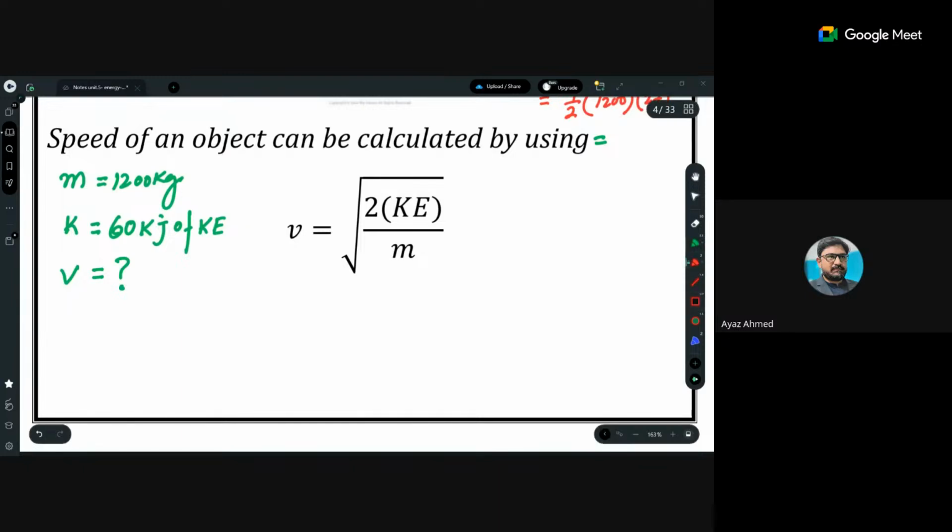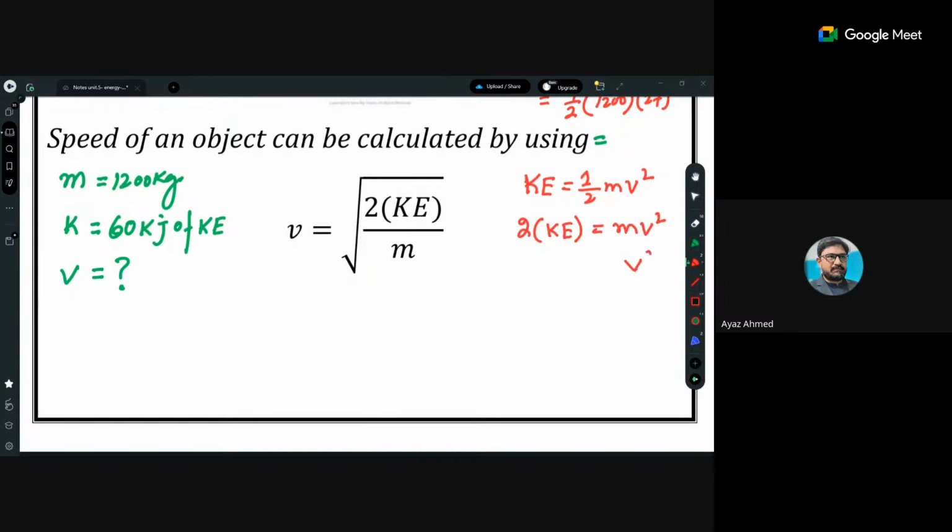Let me explain it for you first. KE is equal to 1 by 2 mv square, because my subject is v. I want to calculate v, so I will just put this 2 on the other side. It will become 2 KE equals mv square.